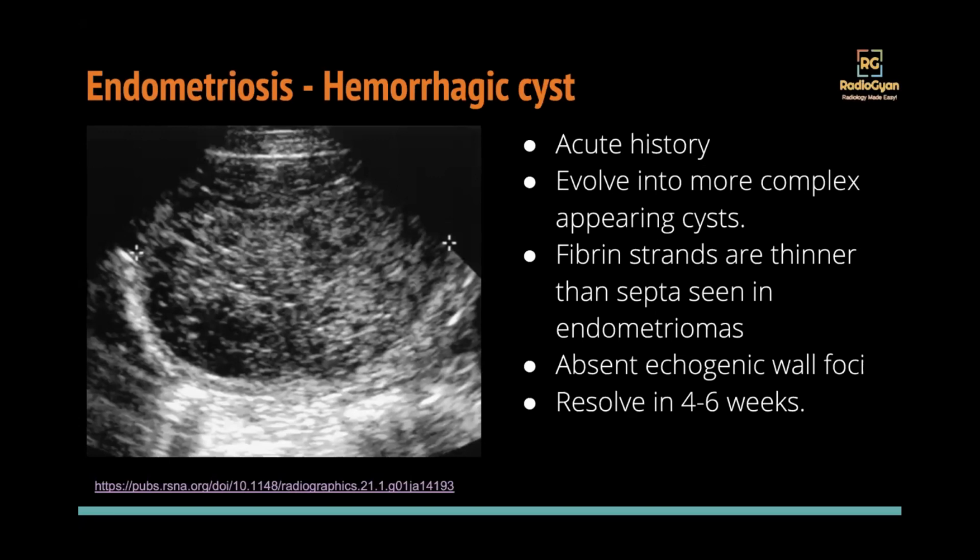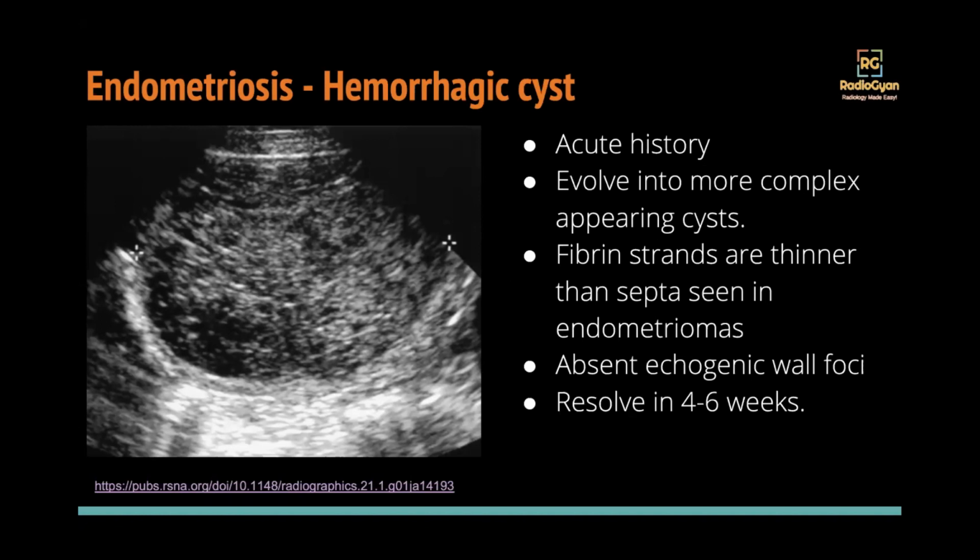Over a period of time, it will have a more complex appearance as the blood products evolve. The fibrin in the hemorrhagic cyst can simulate the septa in endometriosis, but the fibrin strands are very thin as compared to the septa in endometriomas.